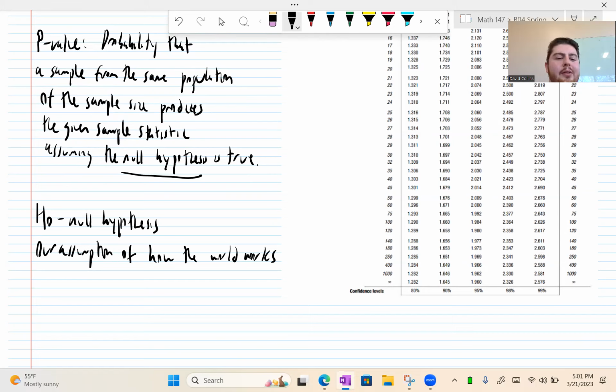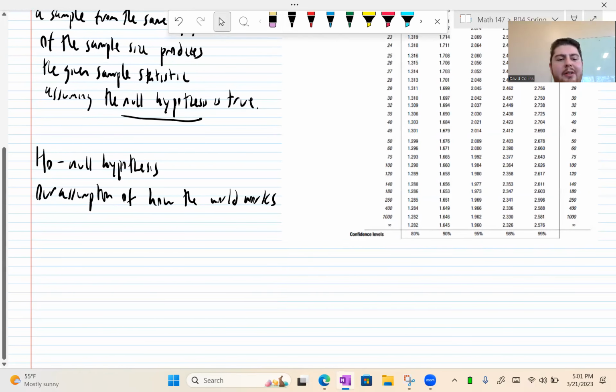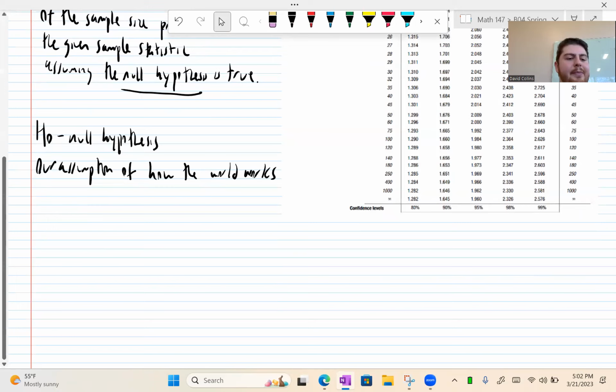I know if you guys are psych people, maybe you should take psych stats, but p-values are used a lot there. Hypothesis tests in general are used in every single field. When you want to check if there's really an association between two things, you use hypothesis tests. So this is the culmination of everything we've done. And this is really how confidence intervals and hypothesis tests are the main way stats are used in the real world, which you'll see as we do more of this.